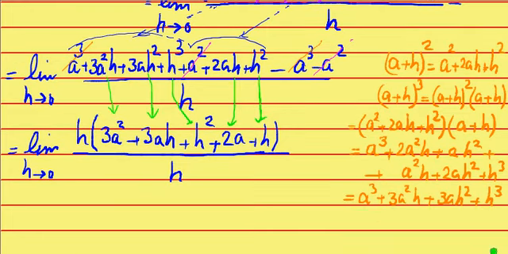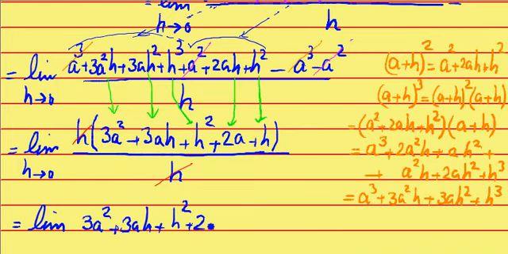Now I go here and say limit, the h's cancel also. That is the big news. The h's went away, and you have 3a squared plus 3ah plus h squared plus 2a plus h, with h going to 0. Now we are almost home.